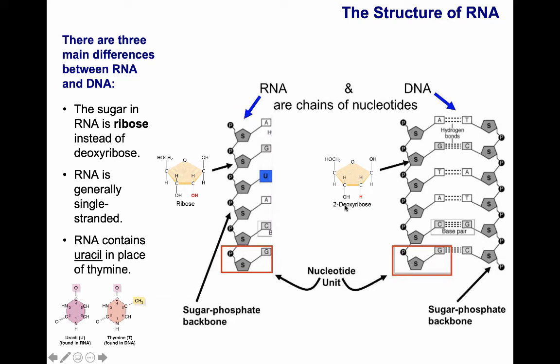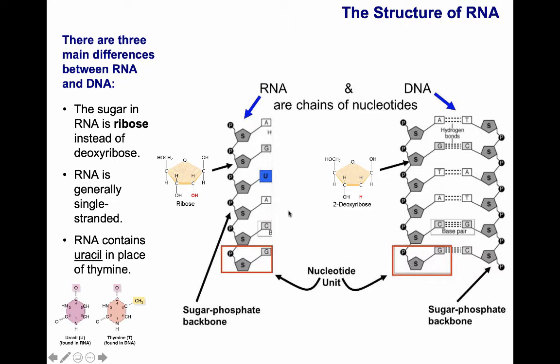And then the other major differences between the two molecules are in the 4 bases that build DNA, A, T, G, and C. 3 of the 4 are the same for RNA.